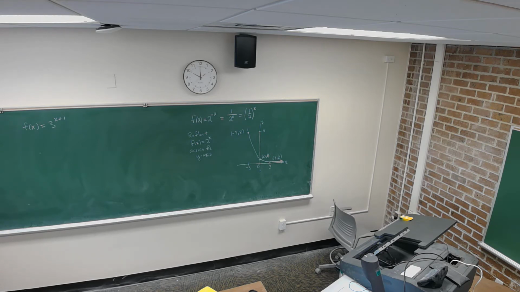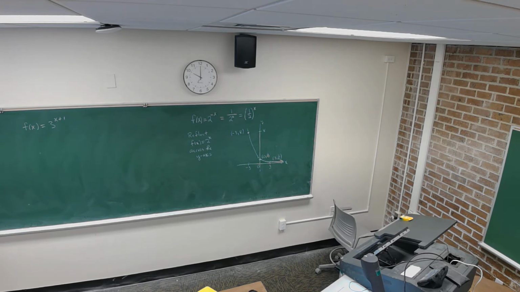It goes up and to the right, crossing the y-axis at y equals 1. When I replace x with x plus 1, what happens to this graph? That's a transformation. How does it get shifted? Is it up?